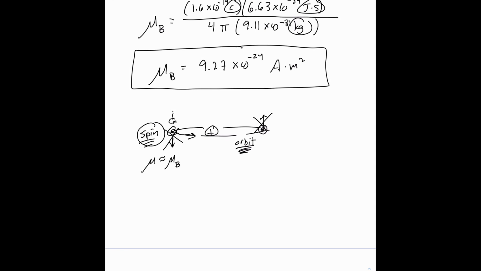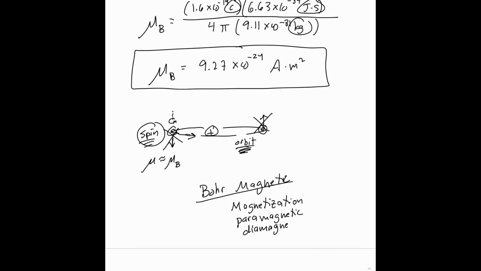So that's the introduction to the Bohr magneton, and it will come in handy and be useful in our description of something known as magnetization and how that relates to paramagnetic, diamagnetic, and even ferromagnetic materials. So that's our next lesson.